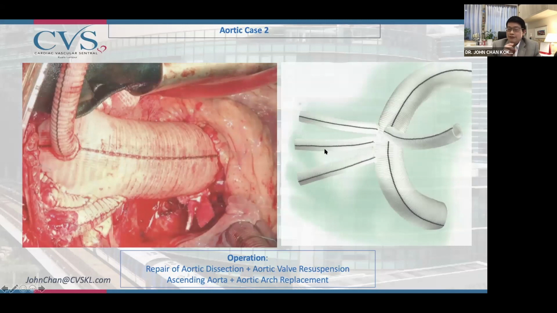So after surgery for an aortic dissection, don't forget that in most cases, the aortic dissection is not limited to the ascending aorta and the aortic arch. It involves also the descending thoracic aorta. But at surgery, we've only replaced the ascending aorta and the aortic arch. So good blood pressure control is very important because the patient still has a dissection of the descending thoracic aorta, the lower part of the aorta.